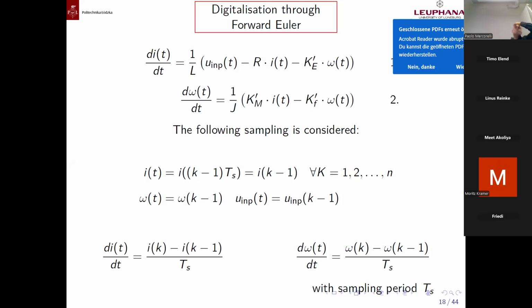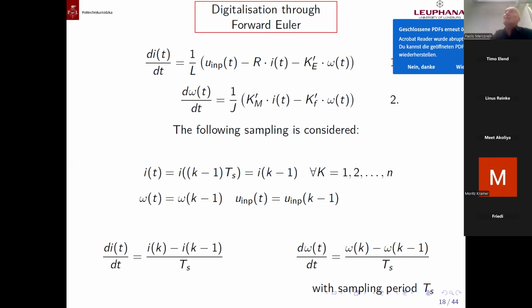Now, do you remember, I listed 5 points at the beginning. I told you that the MPC, the model predictive control, is conceived inside a discrete frame. You remember this?